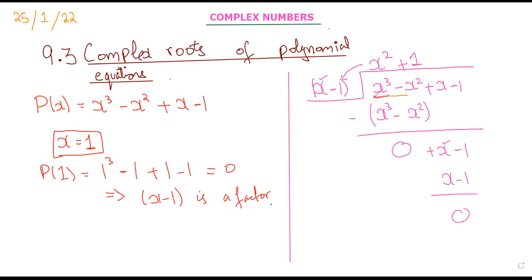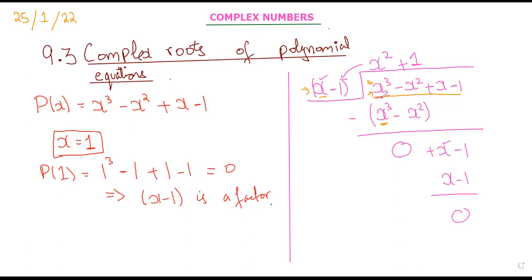So this is my dividend and this was the factor, and in this case, it is the divisor, right? The rule is that this number is x cube. You want x cube here. How will you get x cube here? By multiplying x square with x. You just need to follow this number.